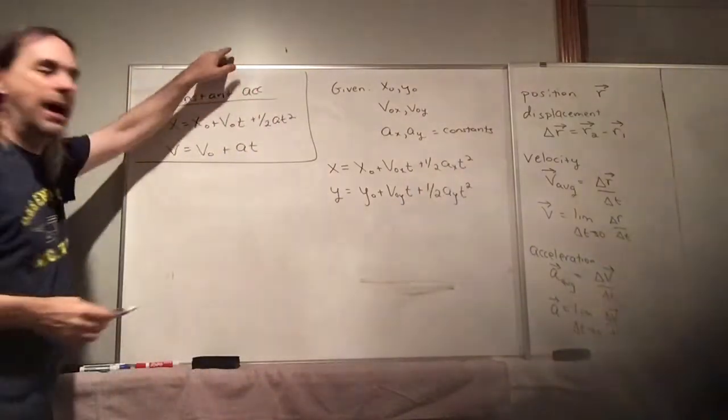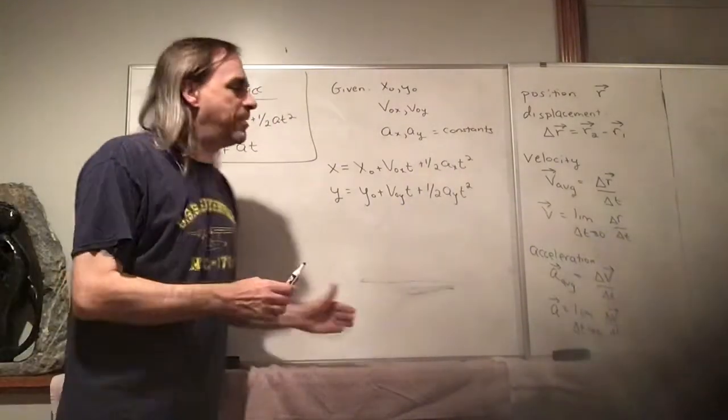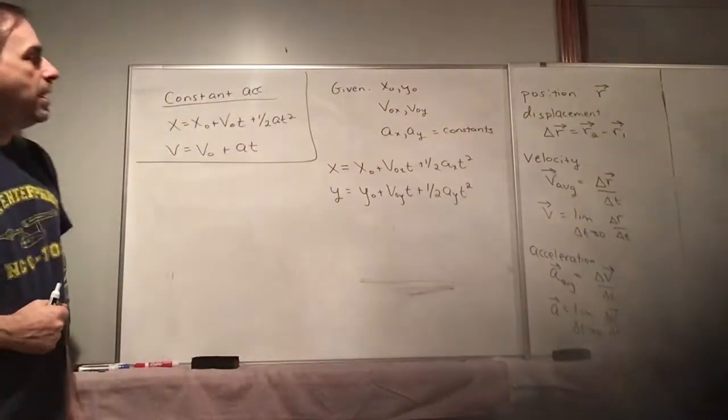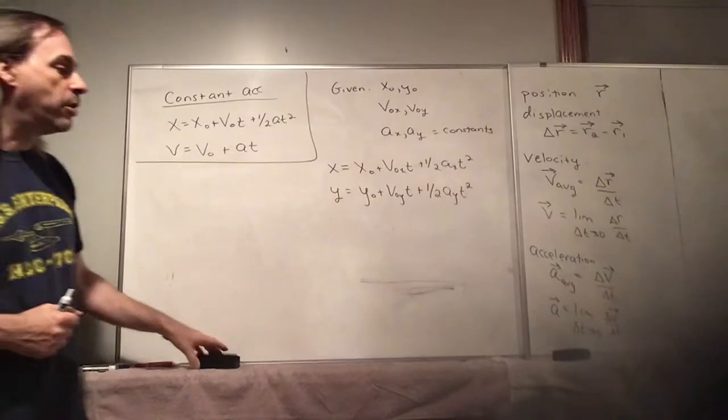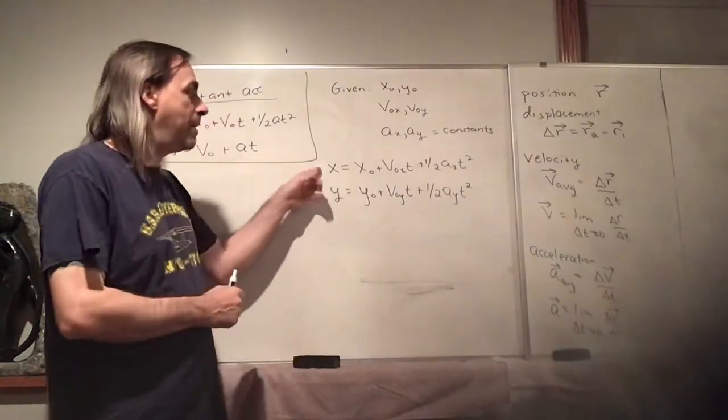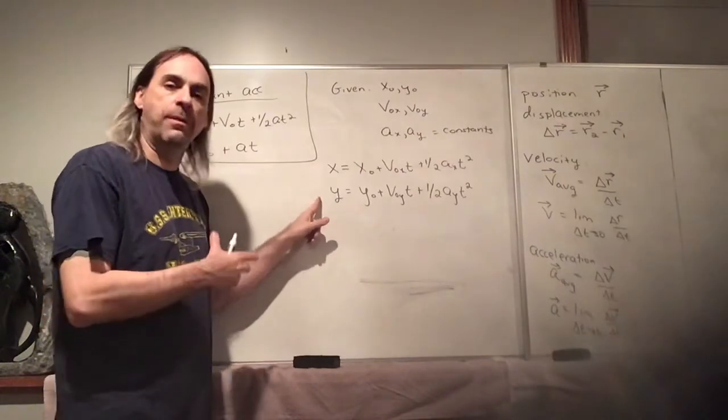Now again, I didn't derive these, but the reason why is the way vectors work, you just look at each component separately. So if we wanted to find x as a function of time, and y, so the position as a function of time, if you know both of these, you have the position vector.